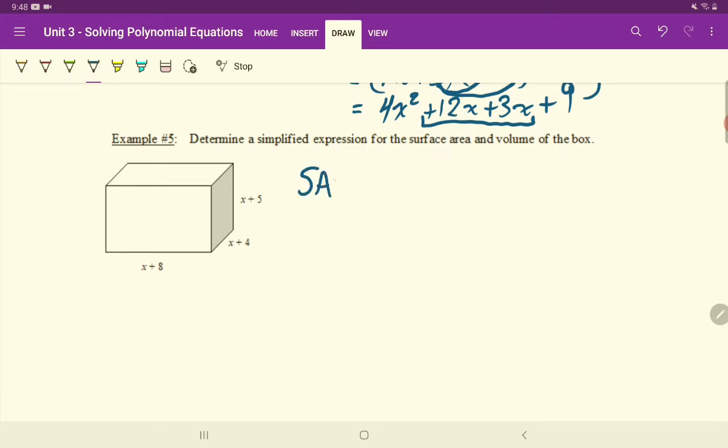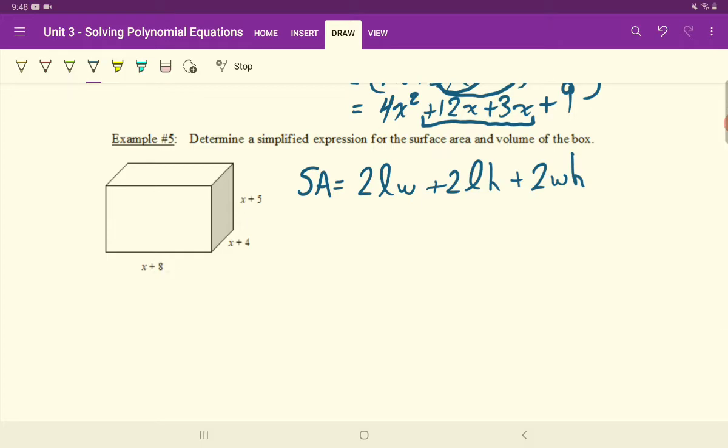This is a rectangular prism, and if you look up the formula for the surface area of a rectangular prism, you have 2 times L times W plus 2 times L times H plus 2 times W times H. You can Google that formula.